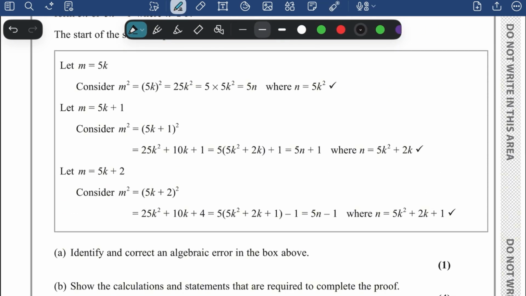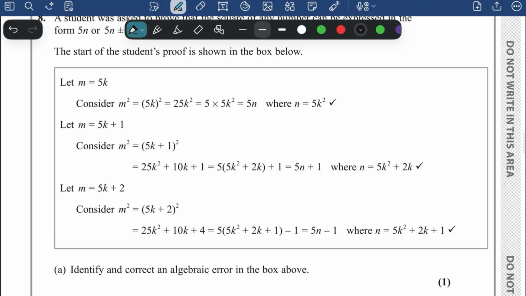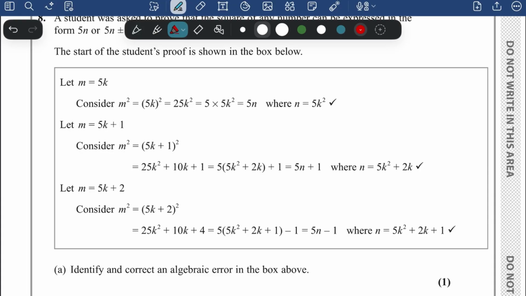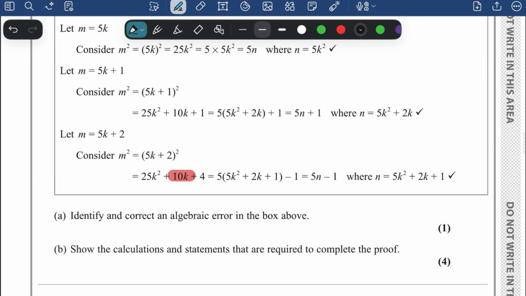Identify and correct any algebraic error, right? So let's just take a look, see if there's any algebra errors. And we see on this last line here, right, it's 10k, but it should be 20k, right?